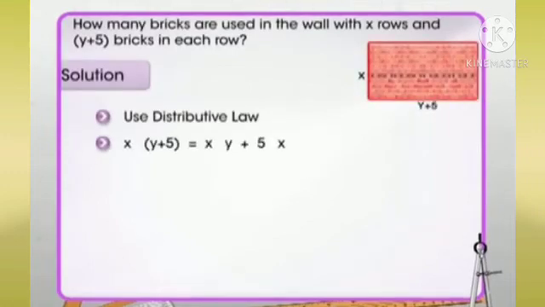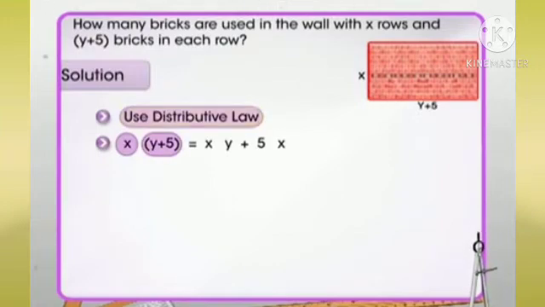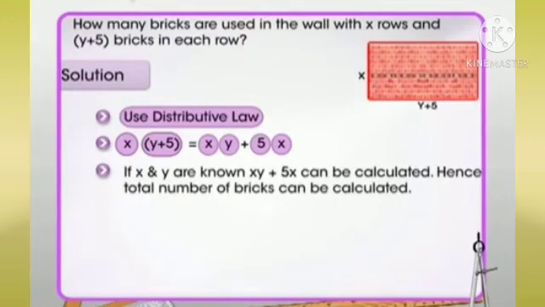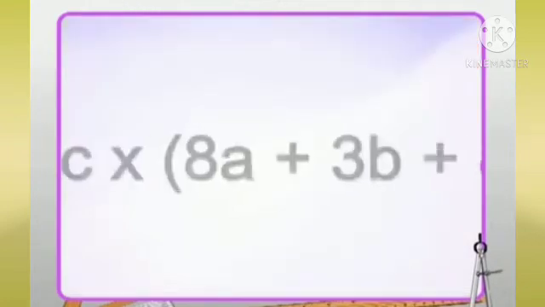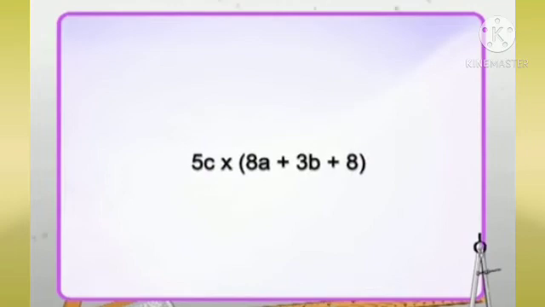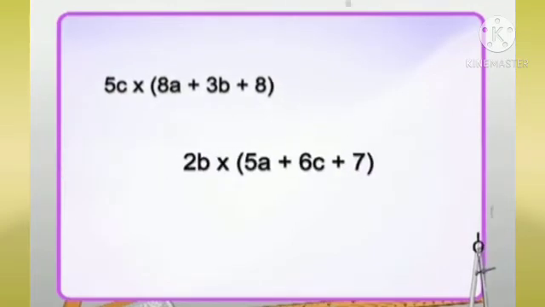A monomial x and binomial y plus 5 can be multiplied using the distributive law. x into y plus 5 is equal to x into y plus 5 into x, or xy plus 5x. So, once we know the values of x and y for a given wall, the total number of bricks that make the wall can be found out. Using this same method, a monomial can be multiplied with any polynomial.